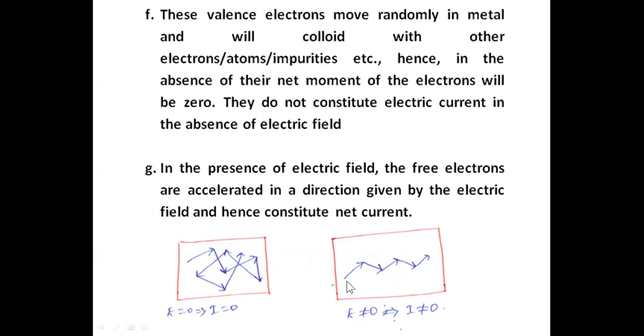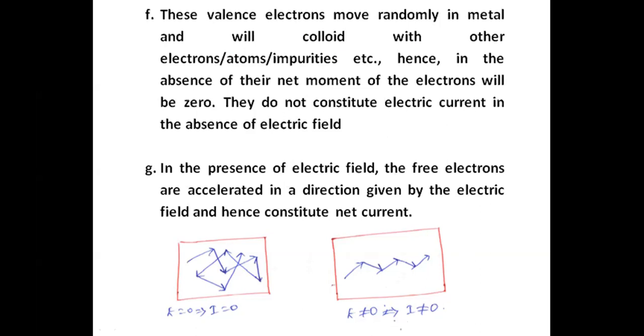On the other hand, if E is not equal to 0, that means in presence of electric field, they get a net movement in a particular direction so that they constitute a non-zero current in the metal. So these are the basic ideas or the postulates given by Drude and Lorentz in order to understand some of the properties.